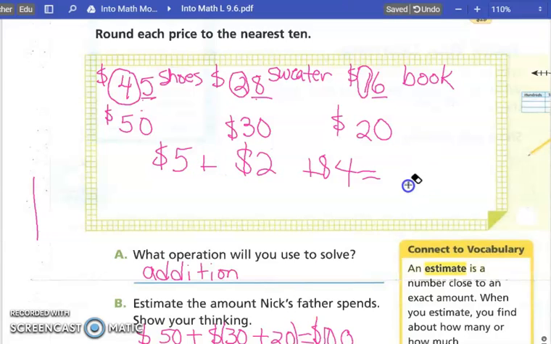Not cents, but 11. That's my dollar sign. I'll try and make a better dollar sign. Okay, there we go. So we can know that 5 plus 2 is 7, plus 4 is $11.